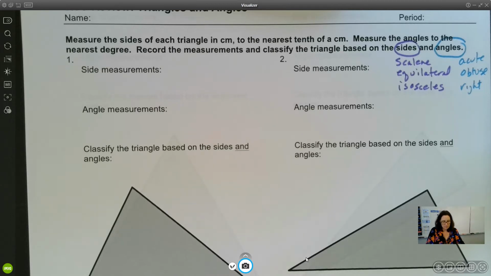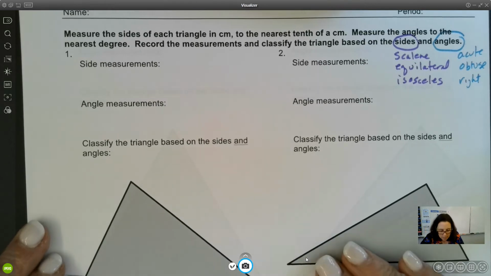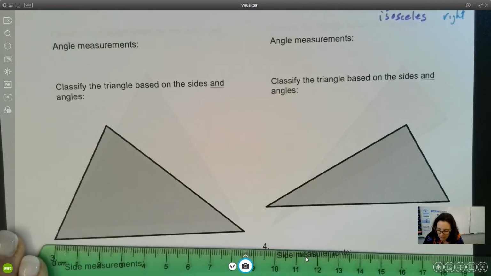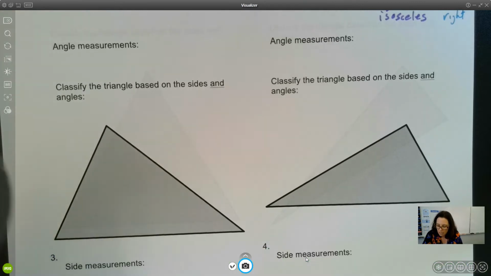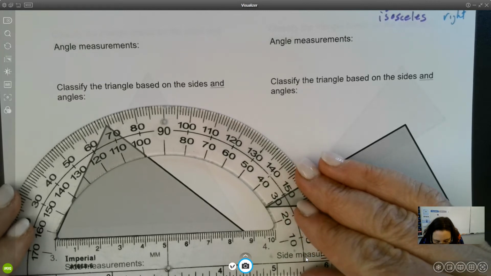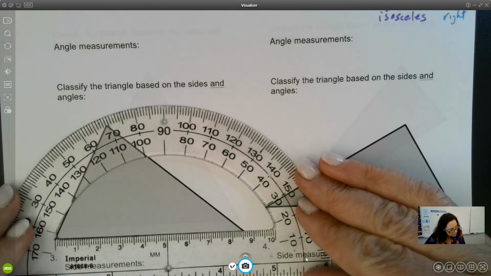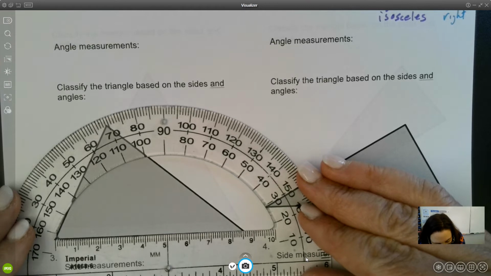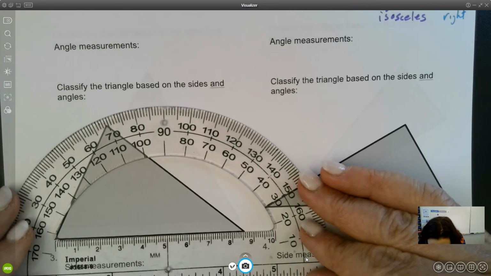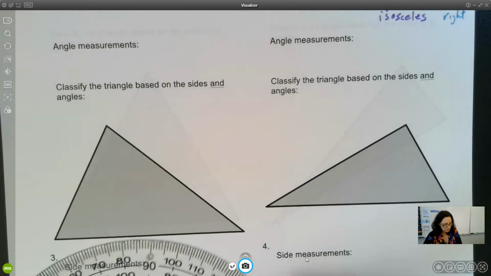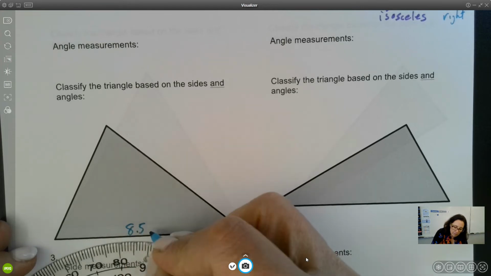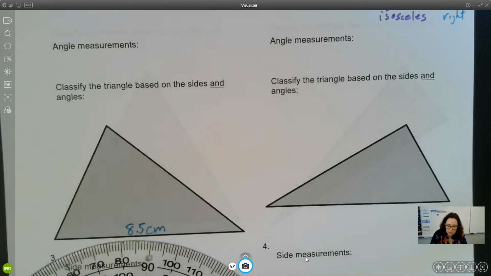All right, side measurements. I'm going to go ahead and just label. I need to use the shorter one. I've got the base of my dot cam. So I'm looking at about an 8.6, 8.5. Okay, 8.5 centimeters.